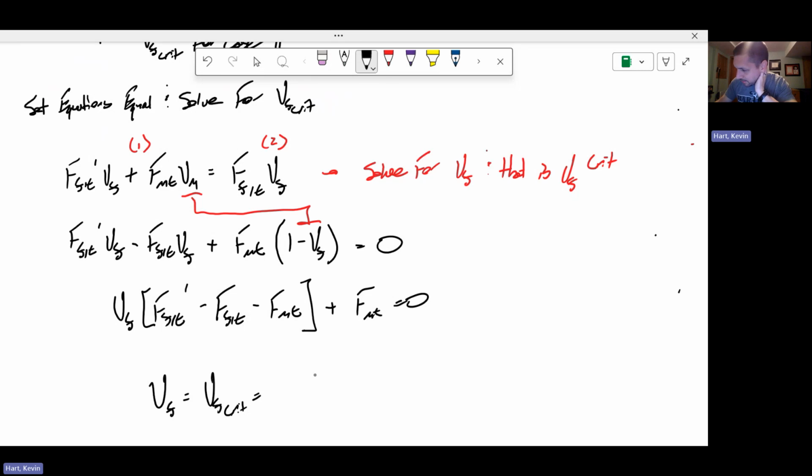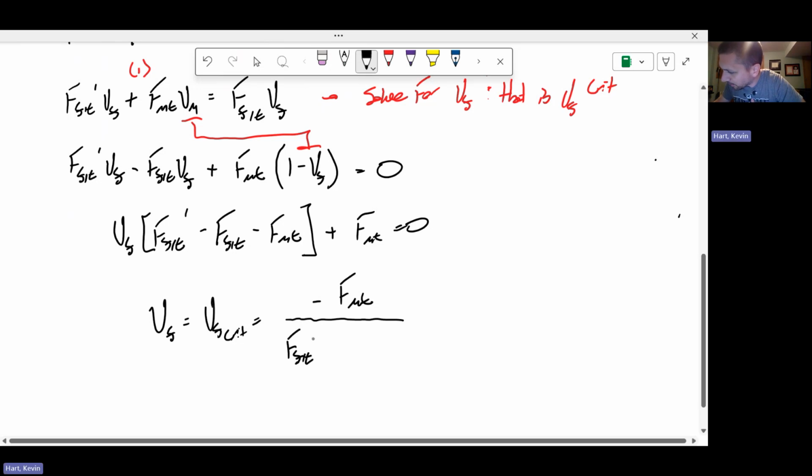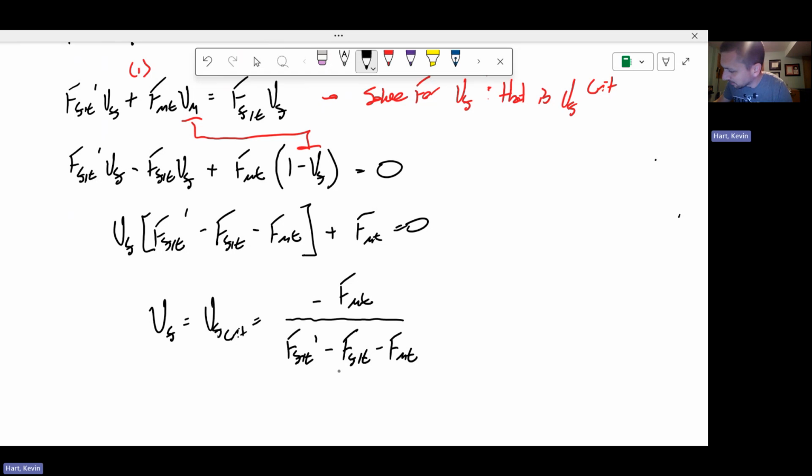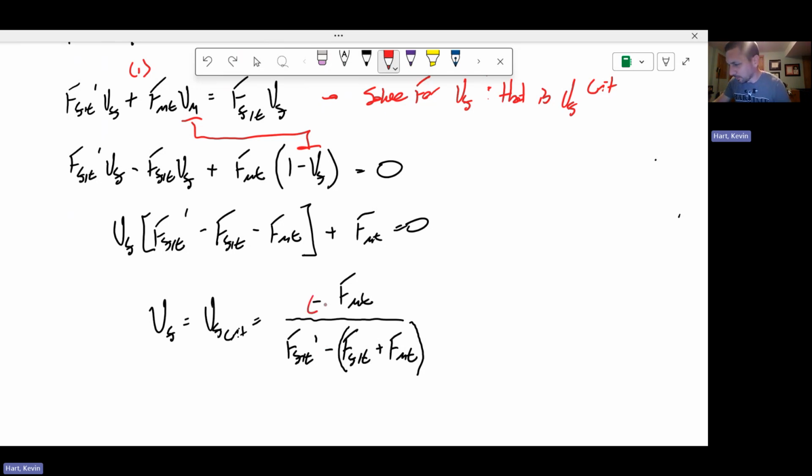And this is going to be negative FMT over, all this will be in the denominator, F1T prime minus F1T minus FMT. Okay, but one other way that you can consider doing this is you could rearrange these terms, make this a plus sign, so that would take out the negative of this whole thing. If you switch this sign from a negative to a plus, you can get rid of this negative sign here.